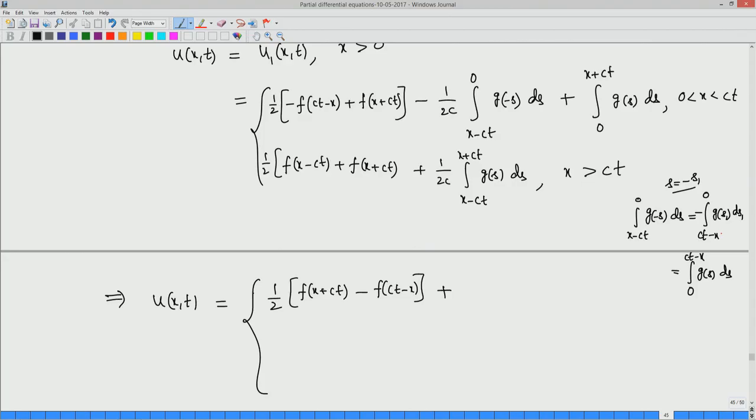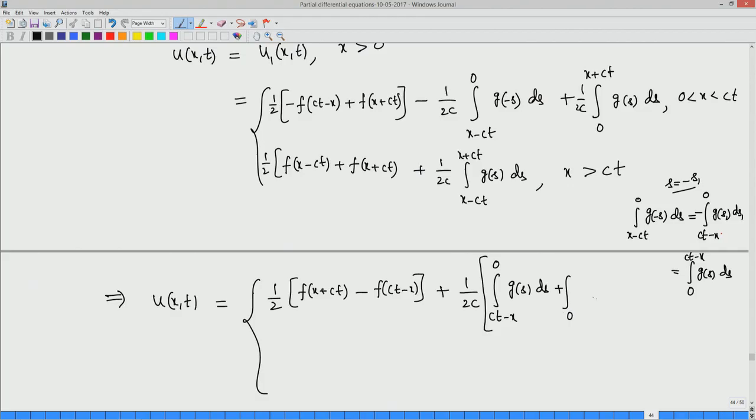So, the whole thing what you see is you have 2 by c, and there is a minus, so minus means this is going to be plus, from Ct minus x to 0 of g of s ds plus 0 to... so you have 1 by 2c common here.